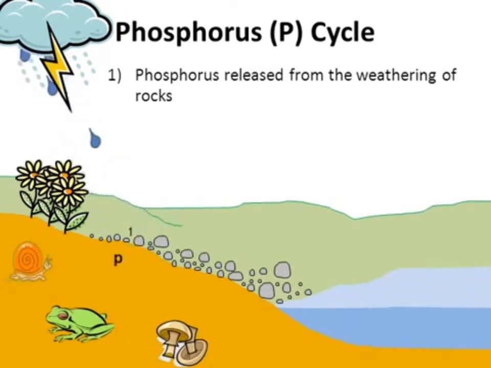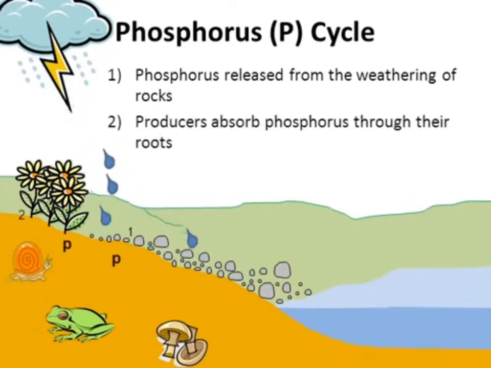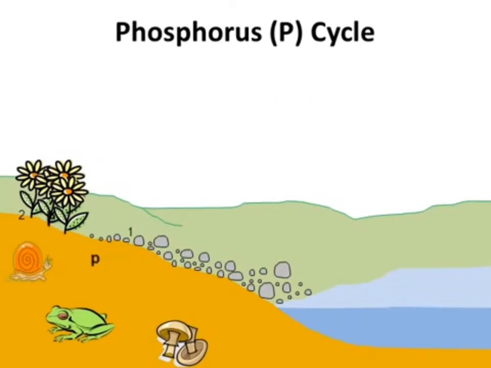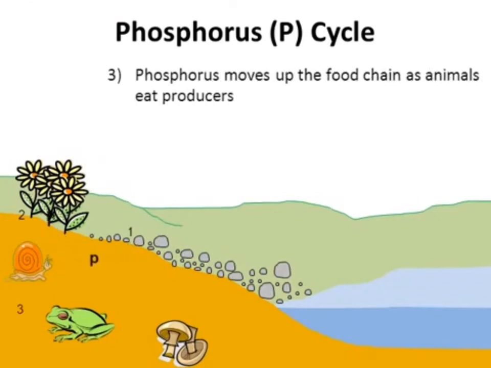Once the phosphorus is in the soil, it becomes pretty straightforward for the flowers, representing the producer in this animation, to absorb phosphorus through their roots. And once the phosphorus is in the roots of the plants, the animals who eat the plants can obtain the phosphorus itself.